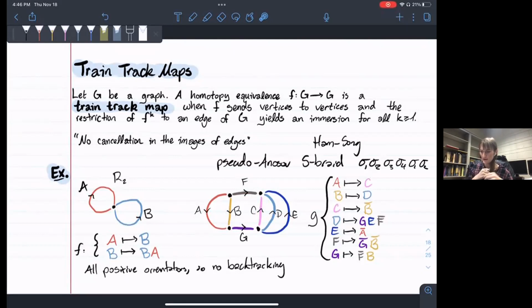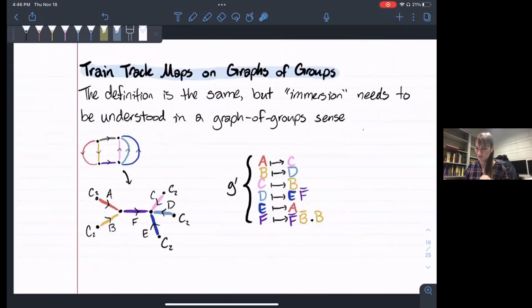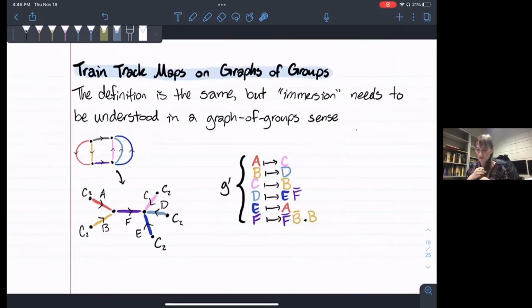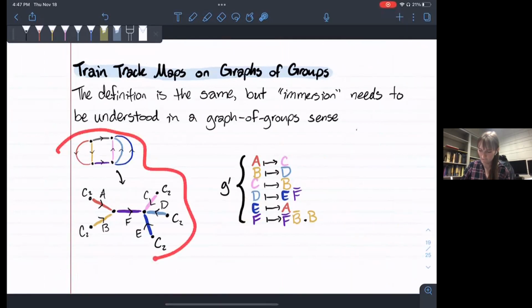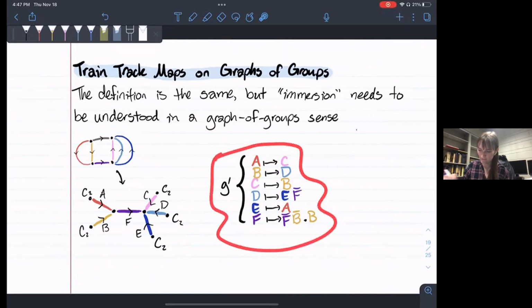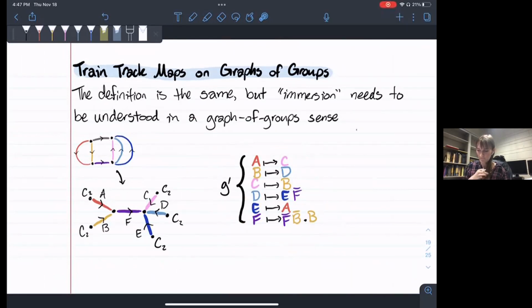With my couple minutes left, let me try and tell you what a relative train track map is. Oh yeah, so sorry. So I just said in words what happened here. Here's the hyperelliptic involution. Here's the map of graphs of groups that you get. Okay, cool. The definition is the same, by the way, but immersion has to be understood in the graphs of groups setting.